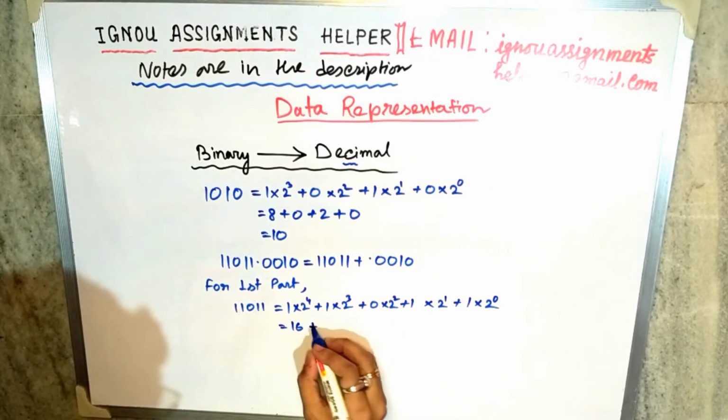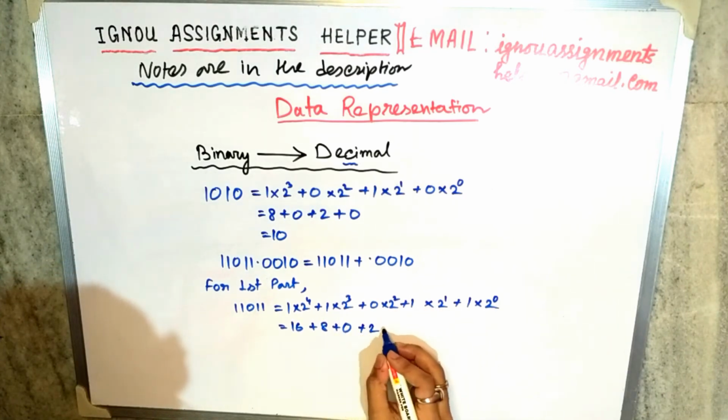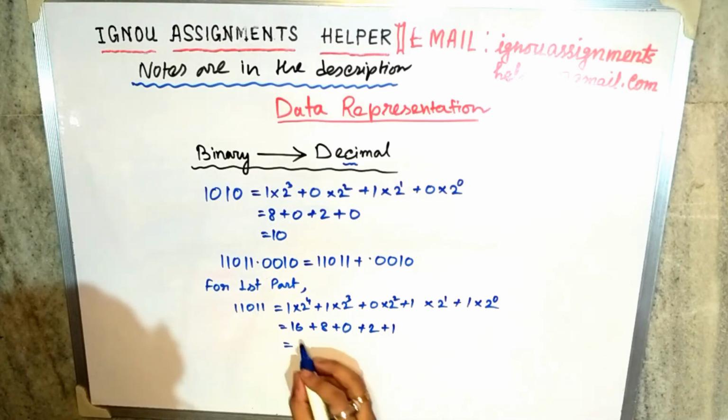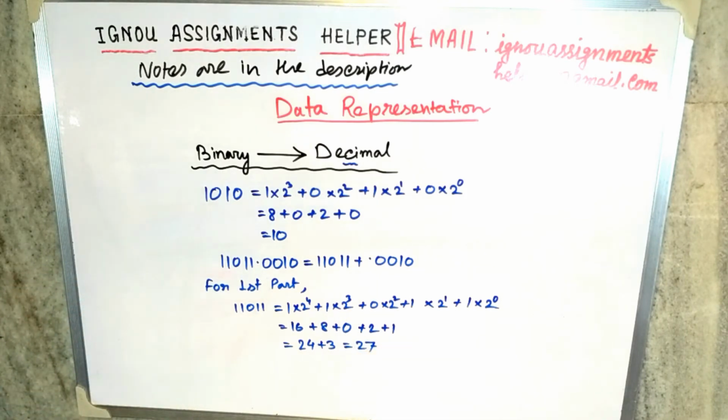So this will be 16, this will be 8, this will be 0, this will be 2, and this will be 1. So 16 plus 8 is 24, plus 2 is 26, plus 1 is 27. So the first part gives us 27.